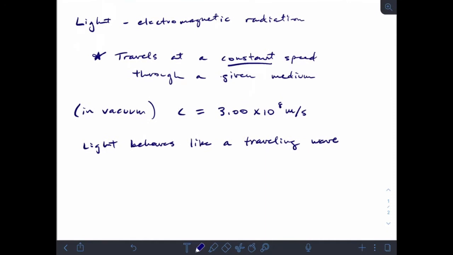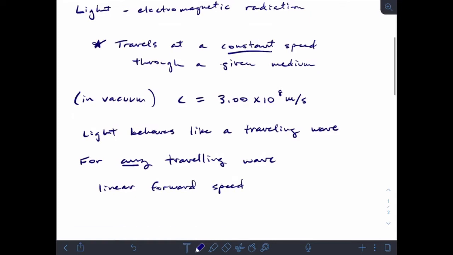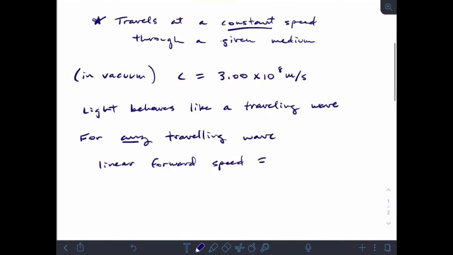So for any traveling wave, the linear forward speed equals the wavelength times the frequency.